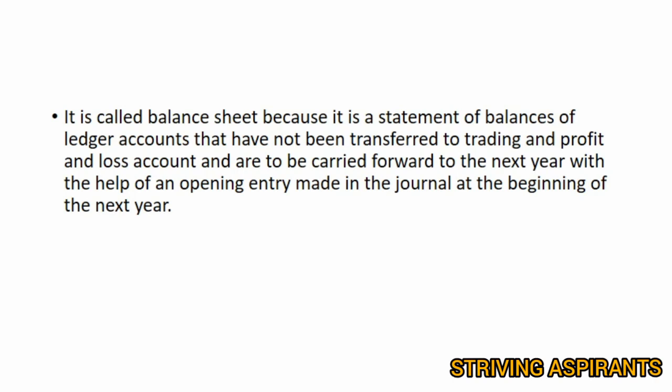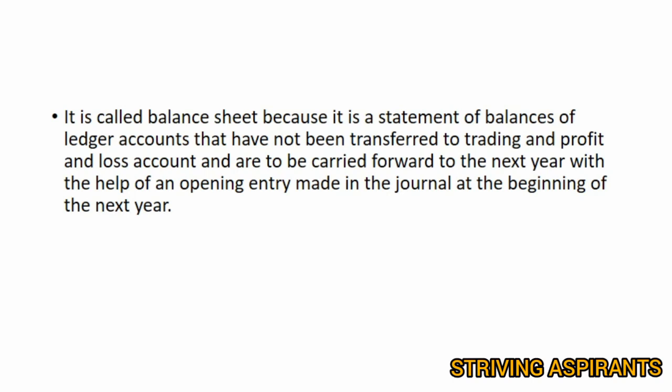In another manner we can say the balance sheet is a statement of balances of ledger accounts that have not been transferred to the trading and profit and loss account. So whatever items are not transferred to the trading and profit and loss account will be carried forward to the next year with the help of the opening entry made in the journal at the beginning of the next year.